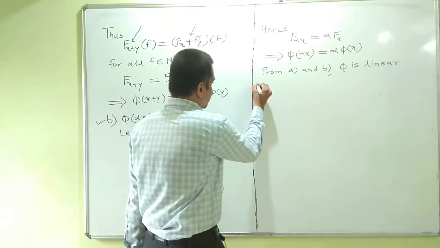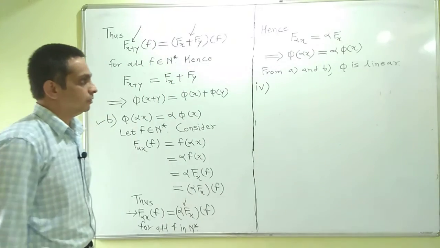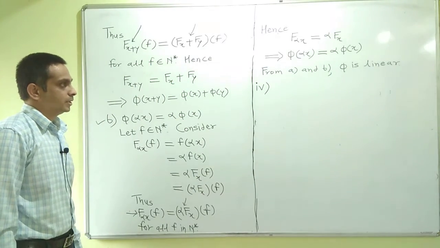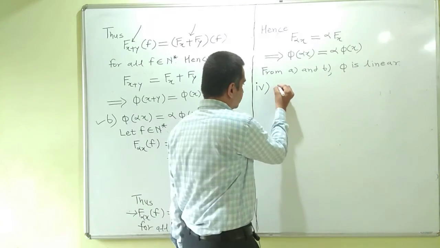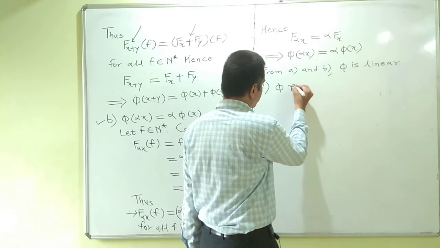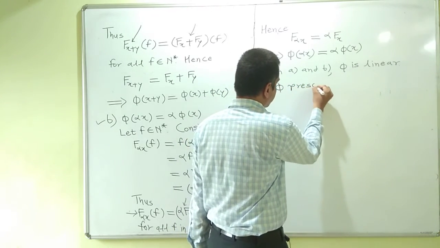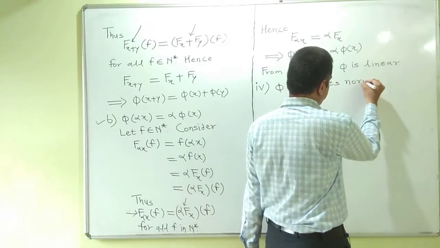Now the fourth property which we will prove is that phi preserves norm. We want to prove that it is isometric.